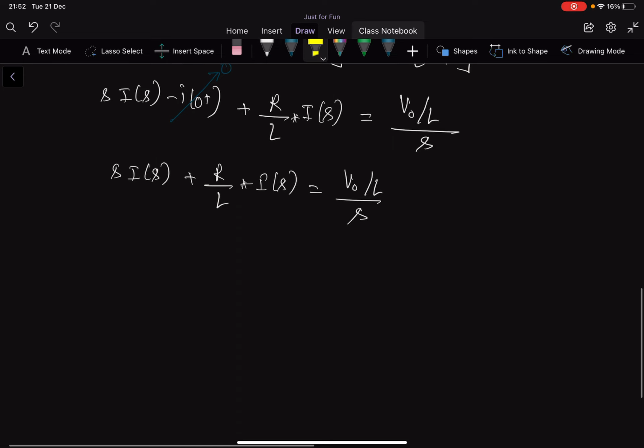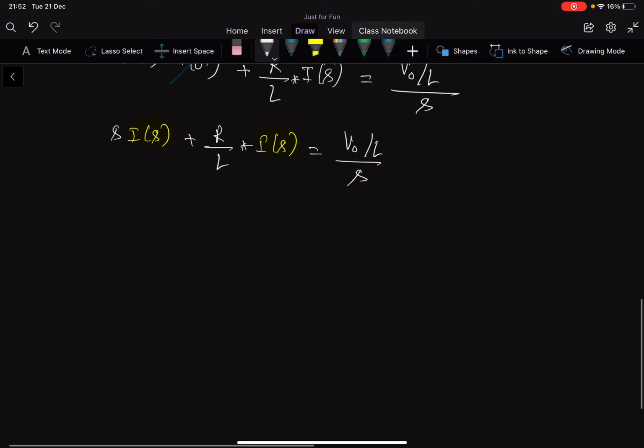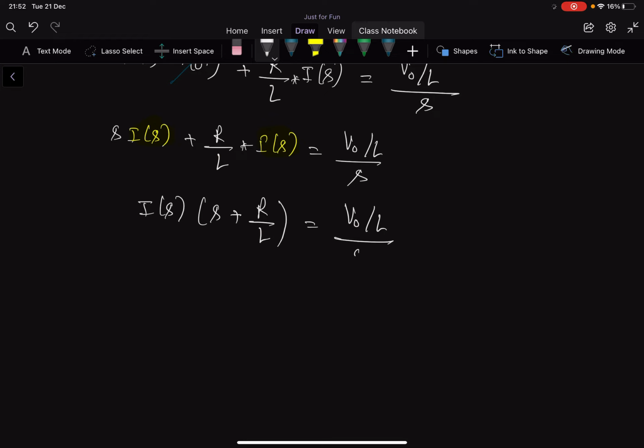Now the next thing we can see is that this I(s) and this I(s) are common. So we can take I(s) common. The leftover is going to be s plus R over L equals V naught over L divided by s.